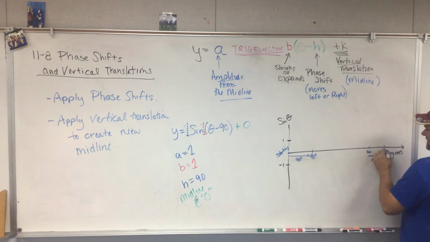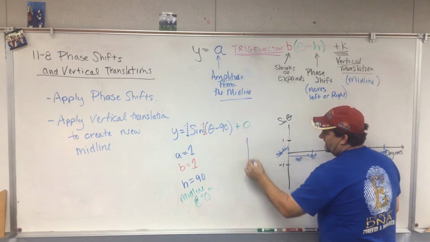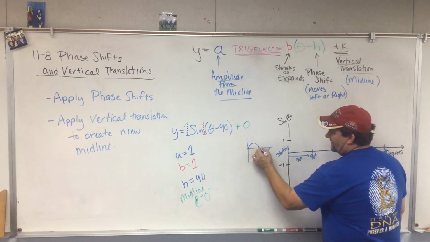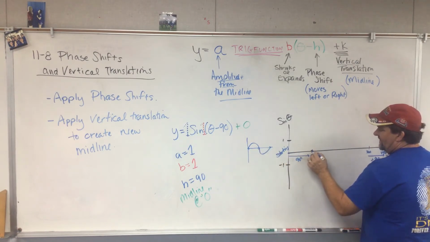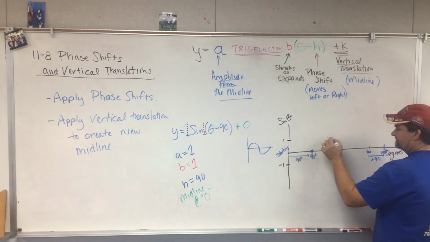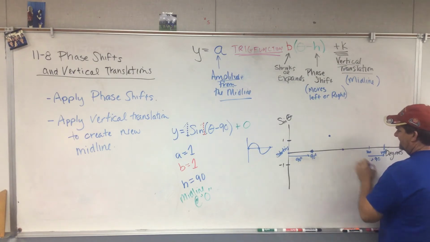So now we can take all our points that we've had before, where we know a sine graph looks like this from our other lectures. We're going to put our first starting point here. The amplitude is 1. The second one is back at 0.